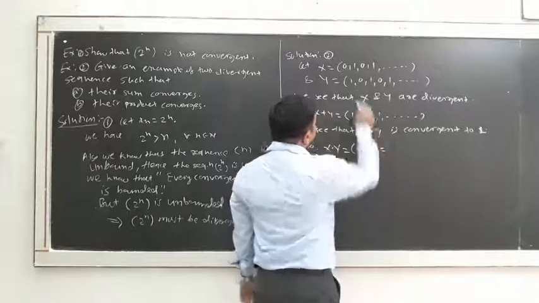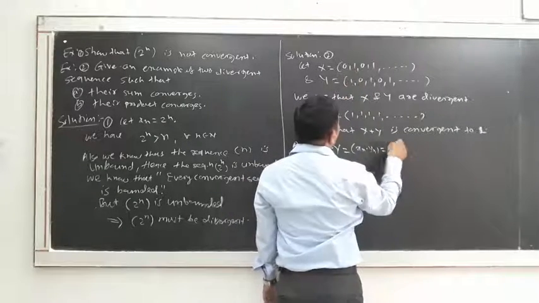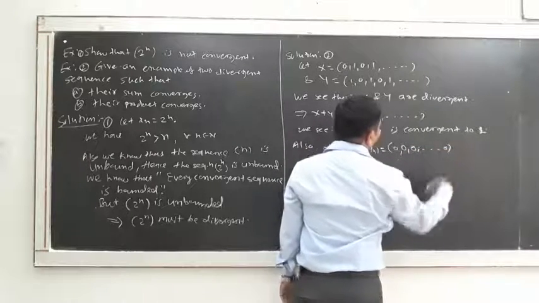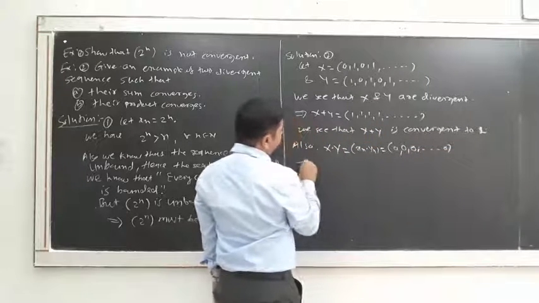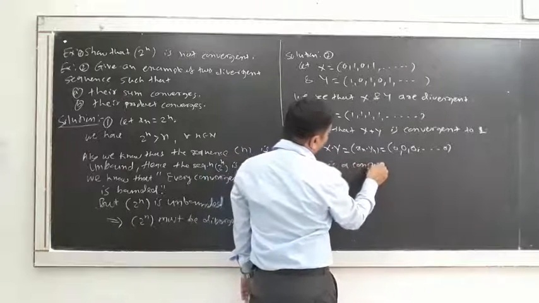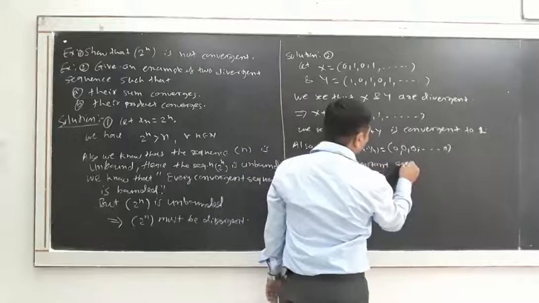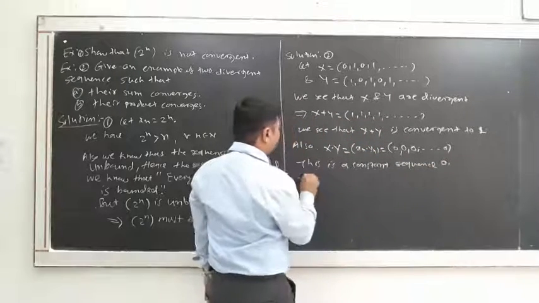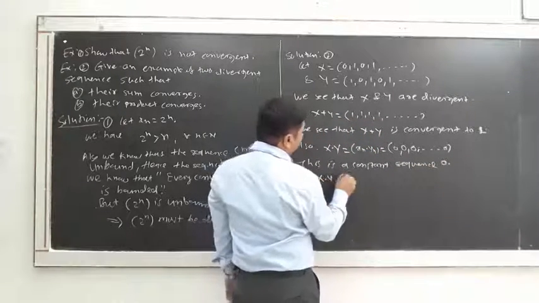Just take a product: 0 into 1 is 0, 0 into 0 is 0, and so on. This is a constant sequence 0, and therefore x into y converges to 0.